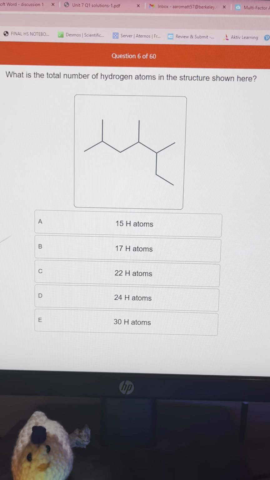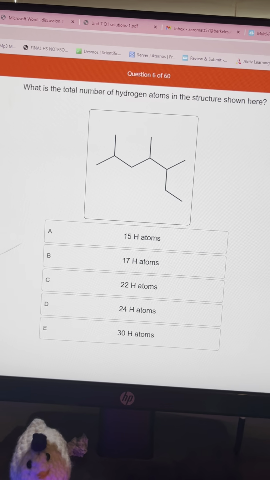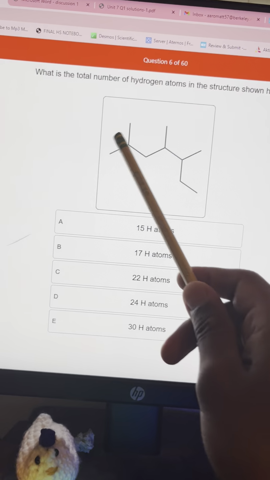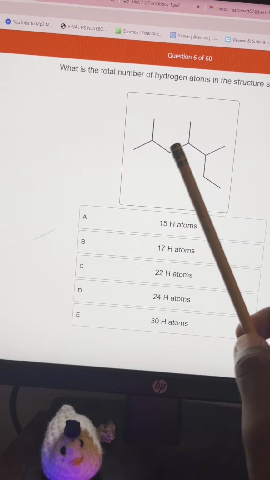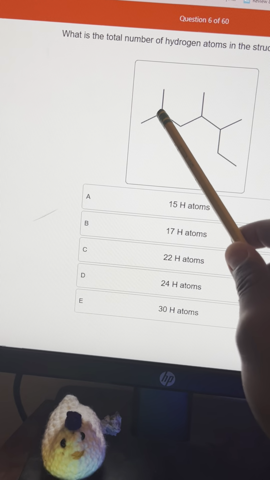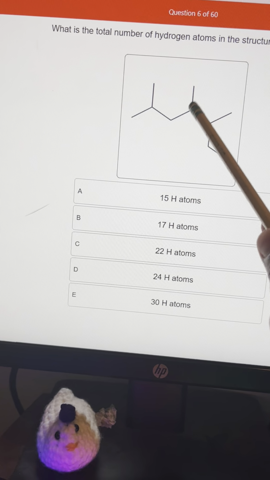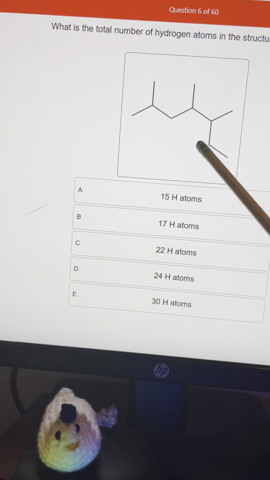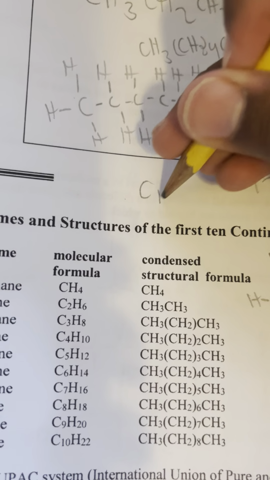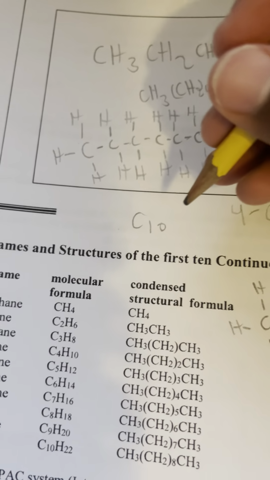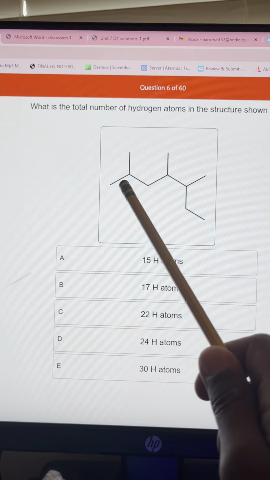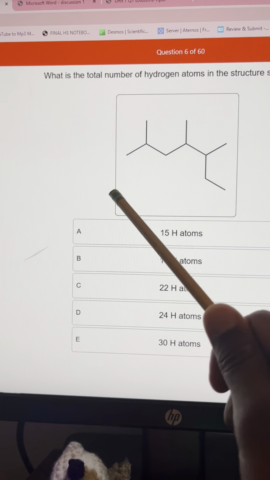Okay, now here it's a little difficult. So first, count all of the carbons. You have 1, 2, 3, 4, 5, 6, 7, 8, 9, 10. So we have 10 carbons. There are a couple different ways you could solve this. First, you could count the hydrogens.